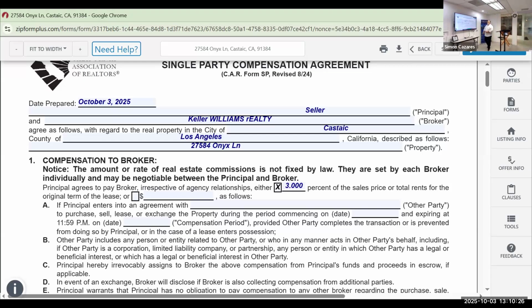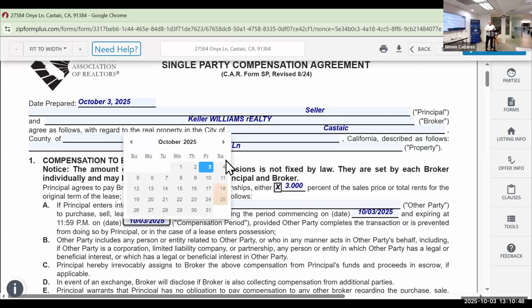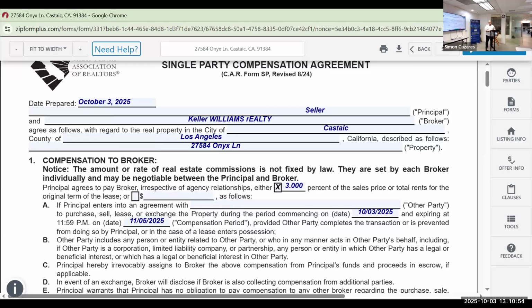This section here gives you a parameter that will allow you and the seller a specific time to get this deal. Typically, you already have the buyer and you already have the seller in place. So you may want to do a 30-day period here. So the commencing date would be, let's just say today, as an example, and then ending, say, on the 5th of November.